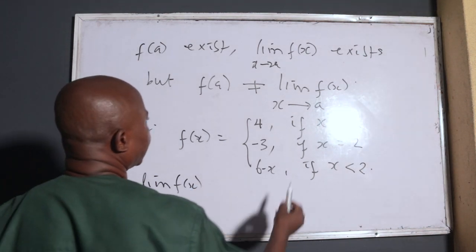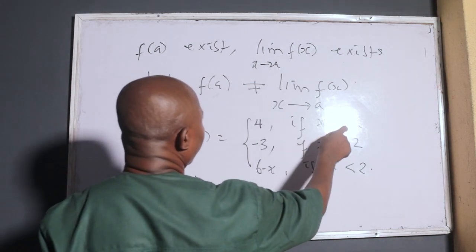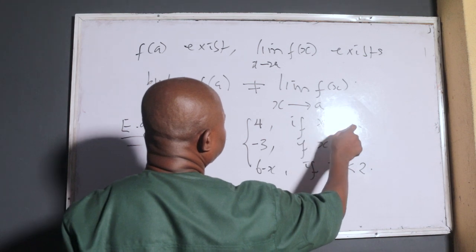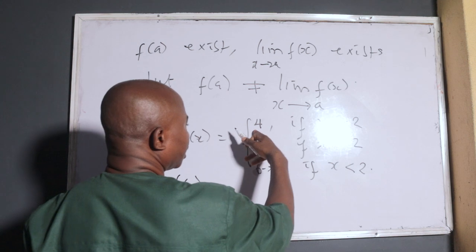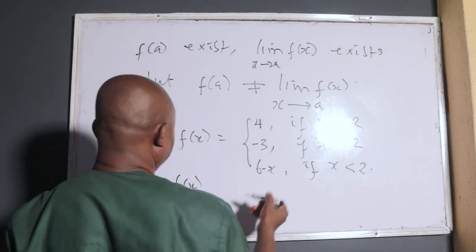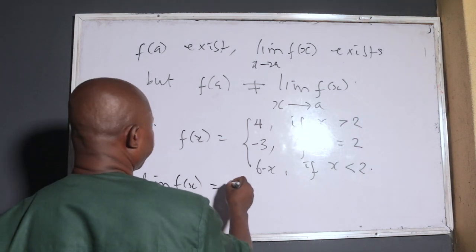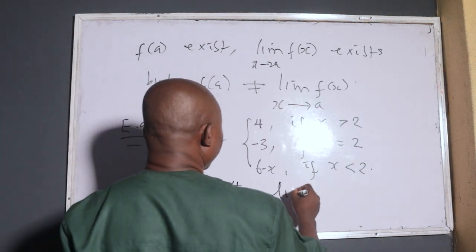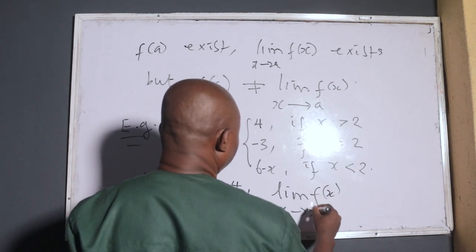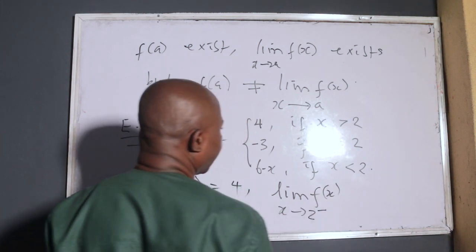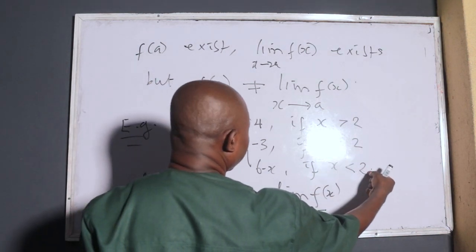You see from here that this function is defined piecewise. For all real numbers greater than 2, f of x is the constant 4. Therefore, if we're approaching 2 from the right, this limit is 4. If we compute the left-hand limit, as x tends to 2 from the negative side, we're considering all values of x smaller than 2.